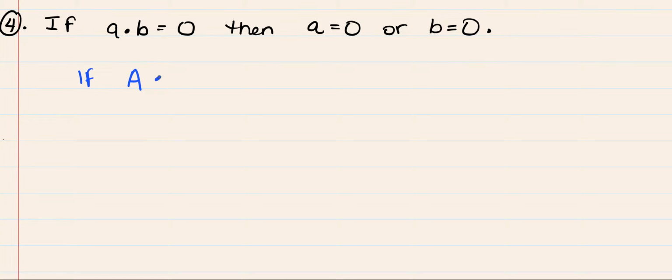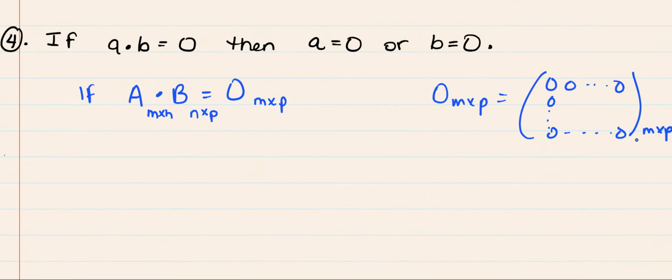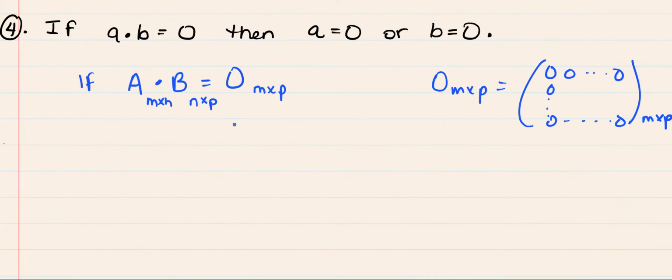So if A times B is a 0 matrix, so let's say A is m by n, let's say B is n by p, and this one is an m by p matrix, which a 0 m by p matrix is just a matrix that has a bunch of zeros, but it has m rows and p columns. Does this force one of these matrices to be 0?